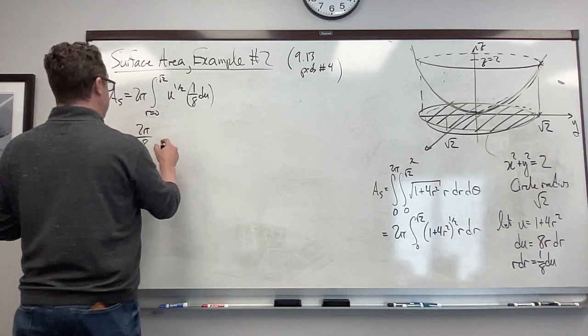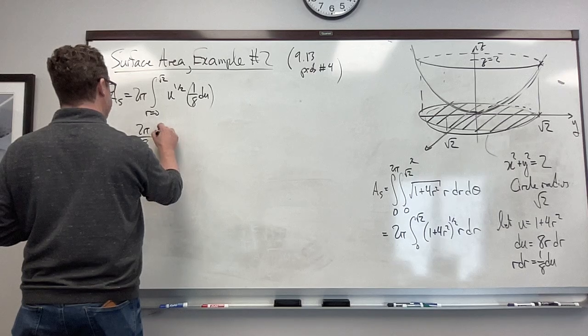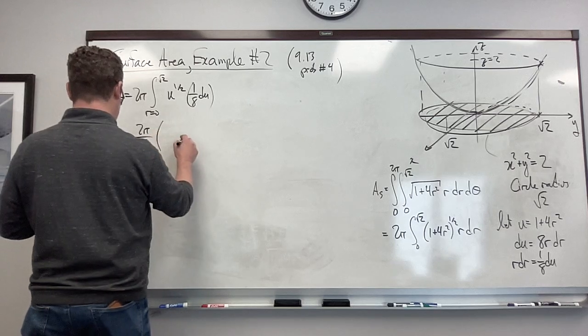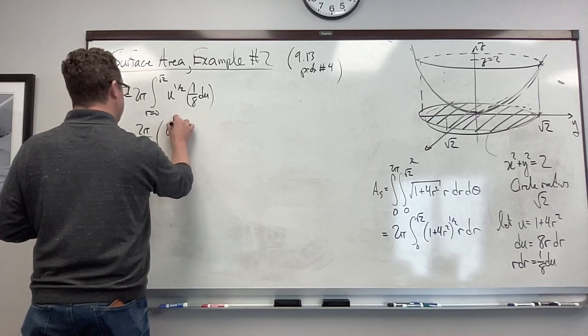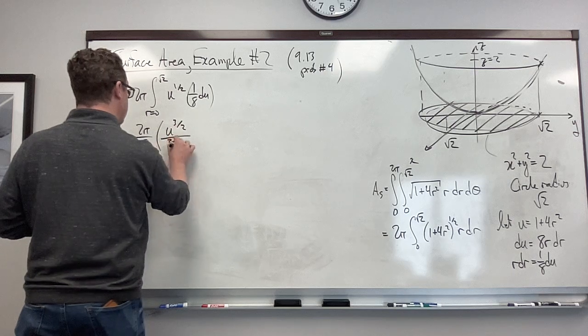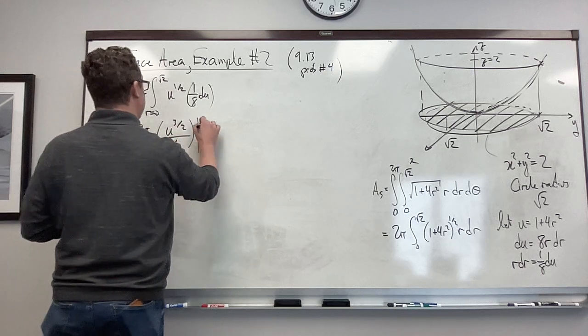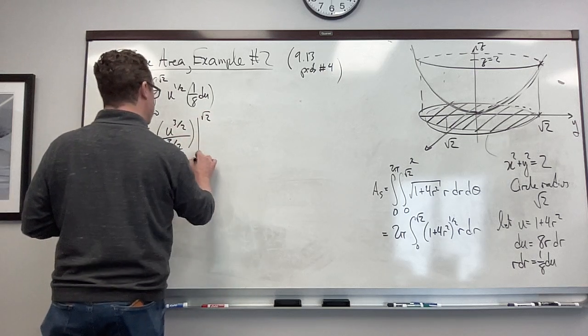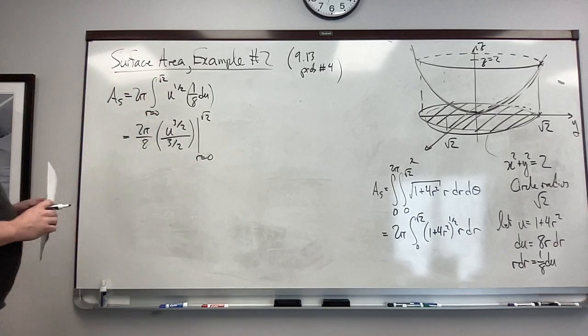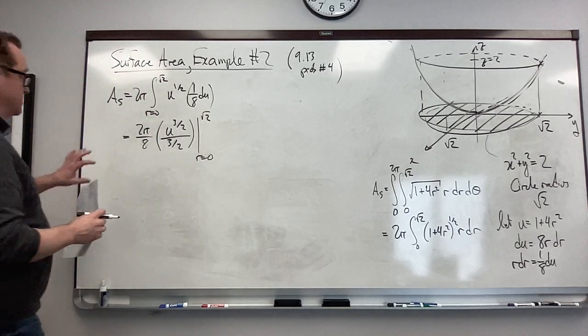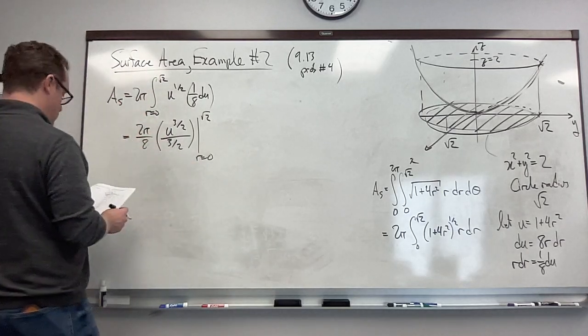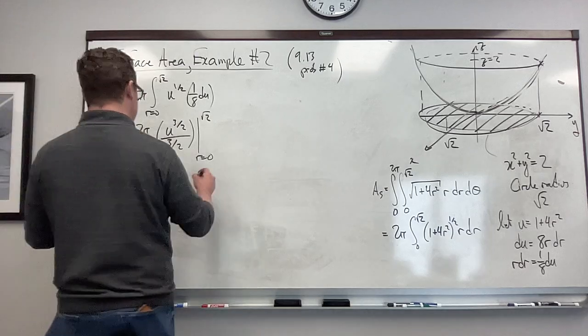Then we have u to the 3 over 2 divided by 3 over 2, at square root 2, r equals 0. Okay, that's cool. So we'll just take that 2/3 out.